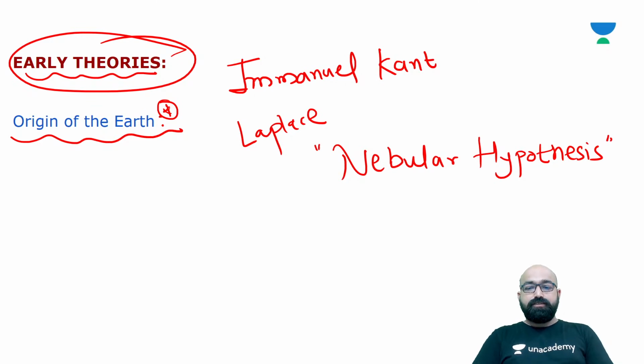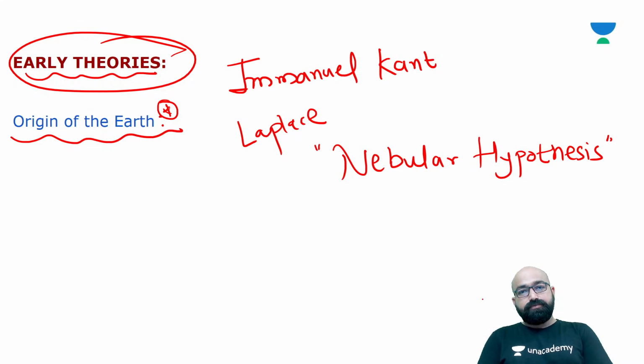The nebular hypothesis considered that the planets were formed out of a cloud of material associated with a youthful sun, which was slowly rotating. But later, in 1900, Chamberlain and Moulton considered that a wandering star approached the sun.